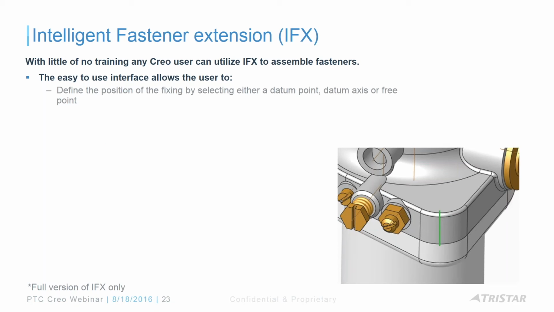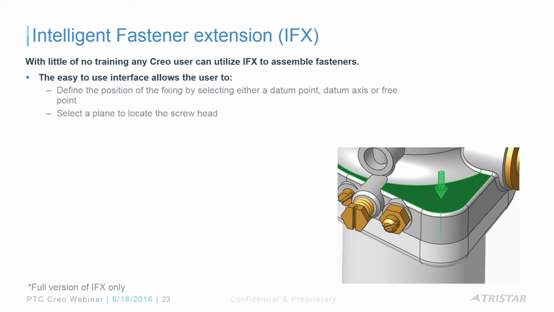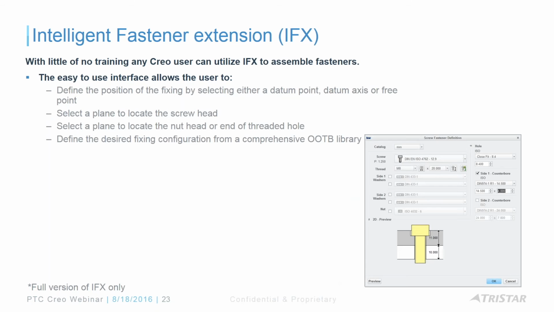So the way it works, you define the position where you want to put your hardware by using either datum point or axes, or even you can select a free point with the reference to edges or anything, and then it will add your hardware to that point. And then you select the plane location where the screw head and also where the other end for the nut head, or if it's a threaded hole.